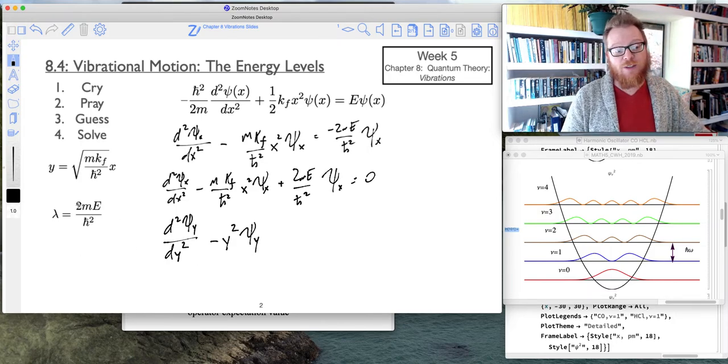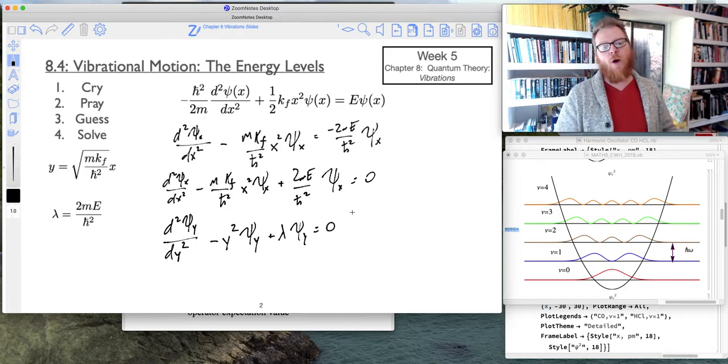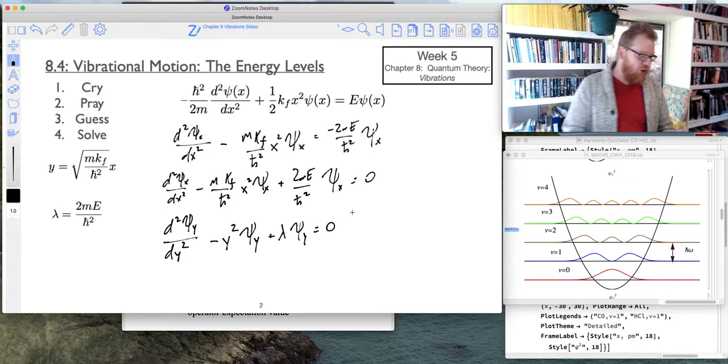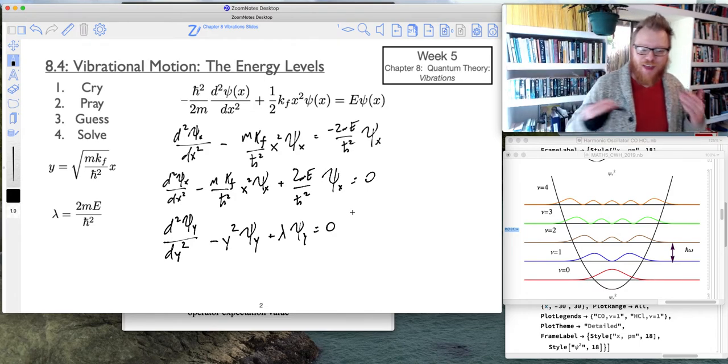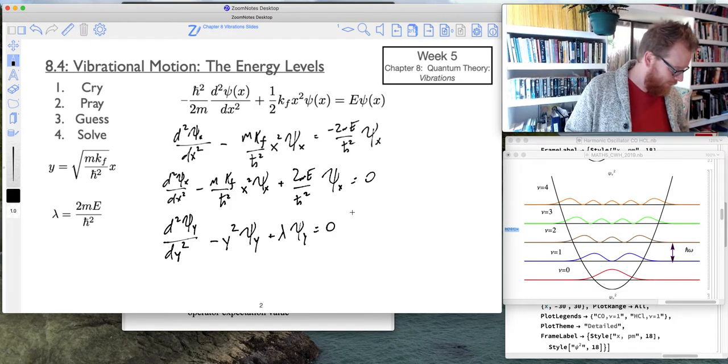I'm also going to use lambda for 2mE over h bar squared. So we can say plus lambda times psi of y, all equals 0. And now this should, being the key word, be a lot easier to solve.